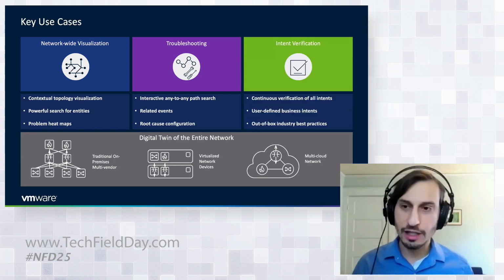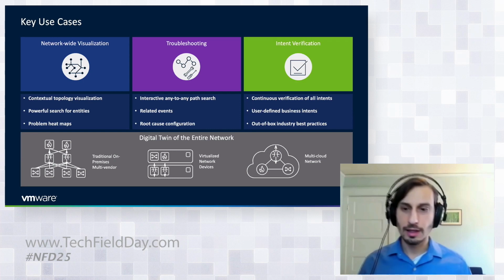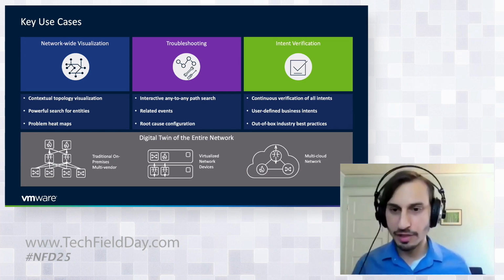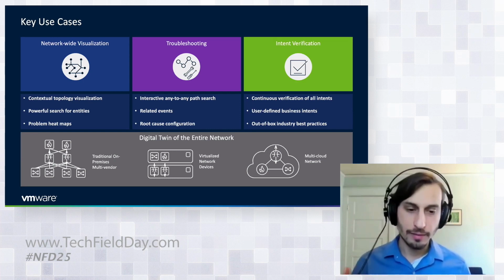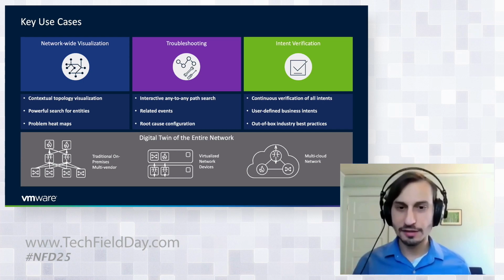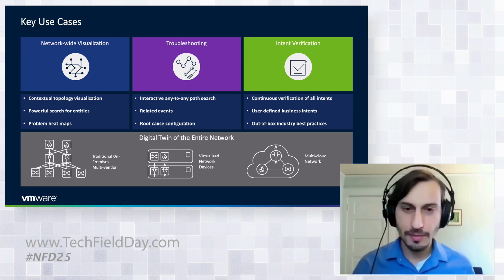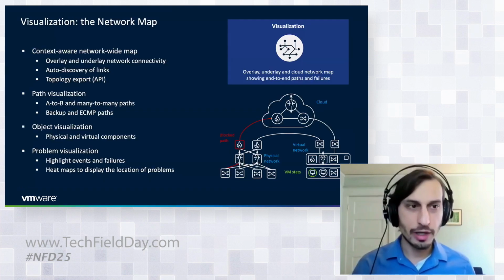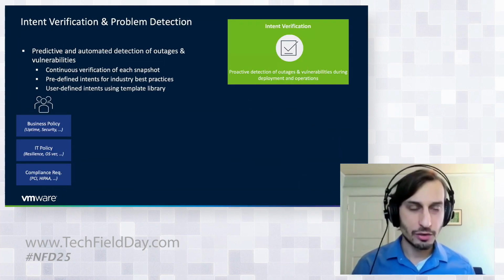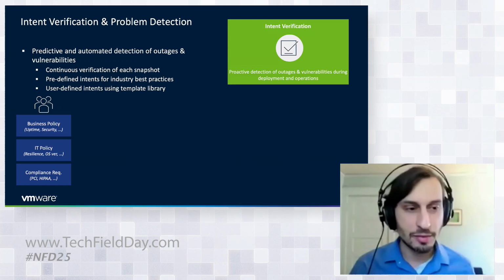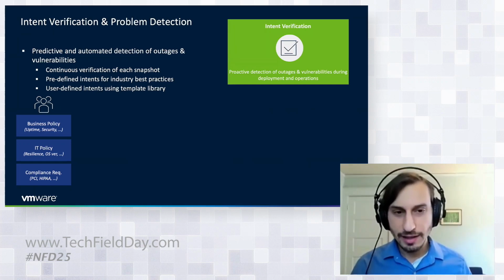And intent verification is the mathematical capability of defining intents, business intents, and verifying that they're actually happening continuously. I'll just real quick show a little bit more about that, because this is one of the key capabilities. Intent is a high-level goal.